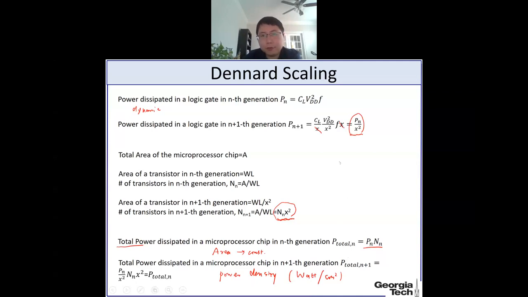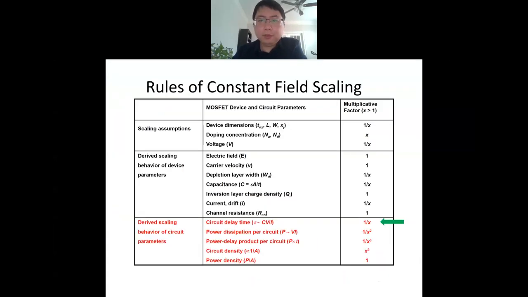So that's the conclusion from the standard scaling. Any questions? So per circuit, the power reduced, but you have more circuits on the chip, so the total power remains the same, but each circuit becomes faster. So that's the Dennard scaling conclusions.